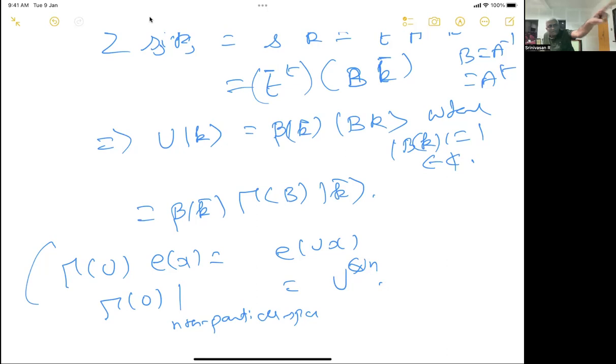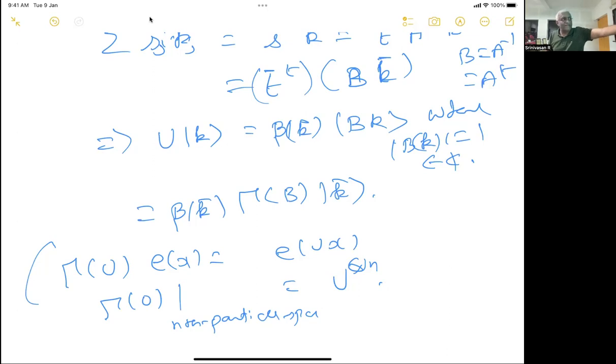Gamma of u acts on the exponential vector like that. Either you can define gamma of u as u tensor n times on the nth particle space, take the direct sum. They are all unitary, so it will extend to a unitary, and that unitary is the same as gamma of u. That is how it will act on the exponential.